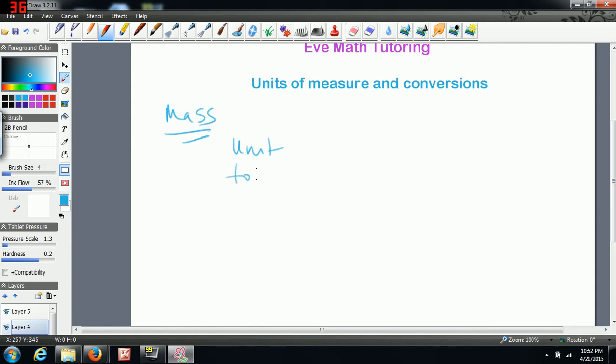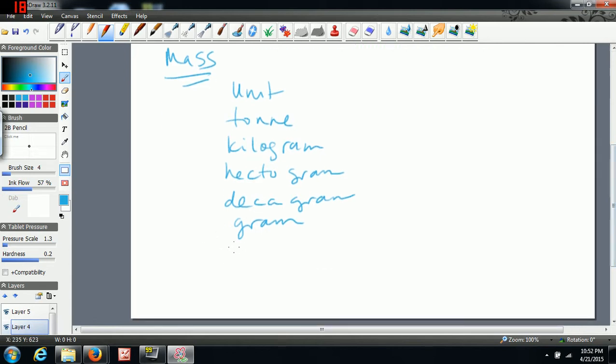So the unit could be, we could start with tons, the kilogram, hectogram, decagram, gram, decigram, centigram, and milligram.